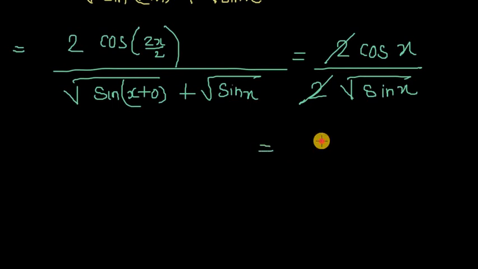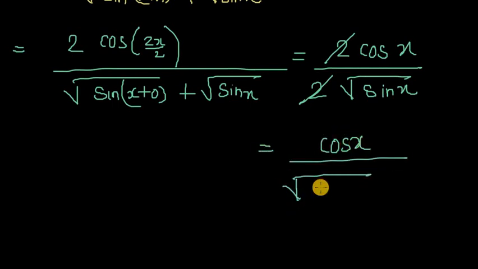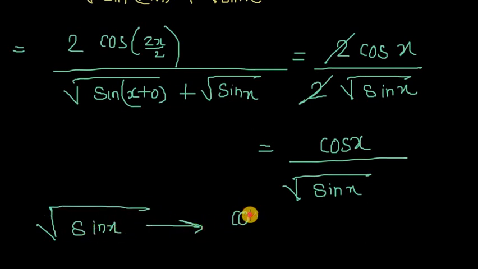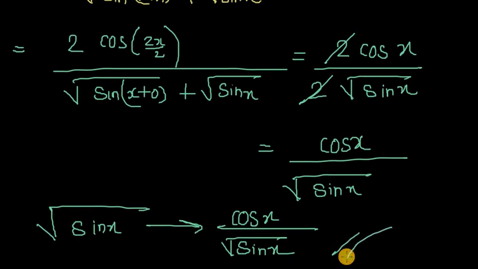What do we get? Cos x upon root sin x. That means derivative of root sin x is cos x upon root sin x. I hope the sum is clear to you. Let's move to question number 4.